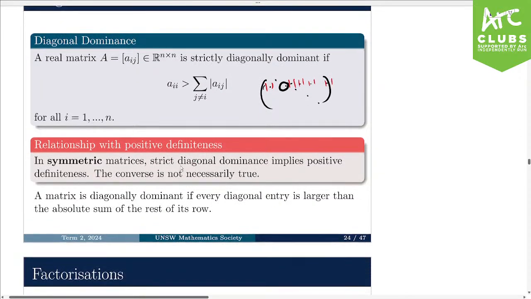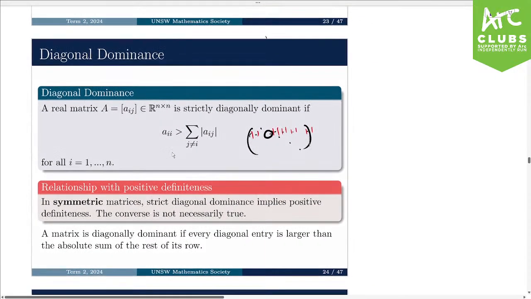And there's a relationship with positive definiteness here. So in symmetric matrices, strict diagonal dominance implies positive definiteness, but we don't have a converse relation there.